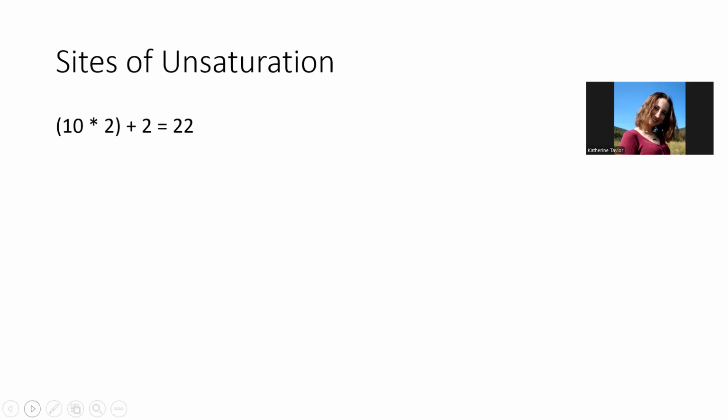So we'll first start by calculating the sites of unsaturation, and this is going to tell us the number of double bonds in the molecule. We take the number of carbons, which is 10, multiply by 2, add 2 to get 22. That is the maximum number of hydrogens that could be on this molecule if it was fully saturated.